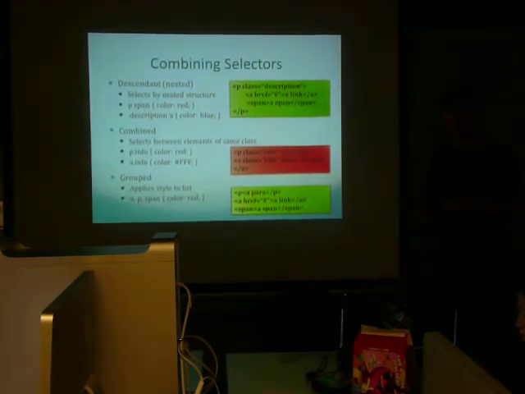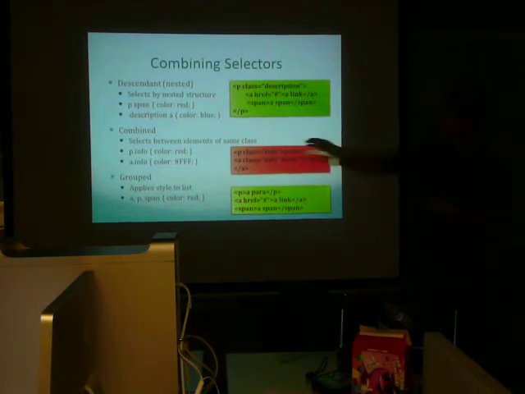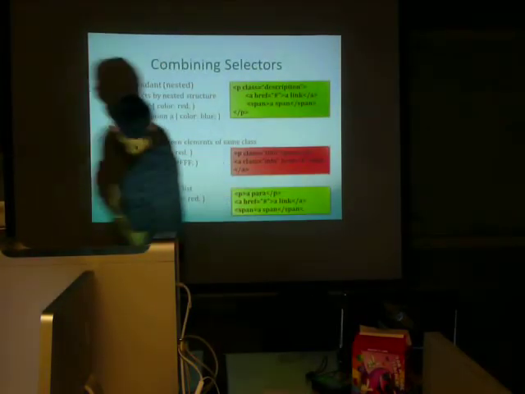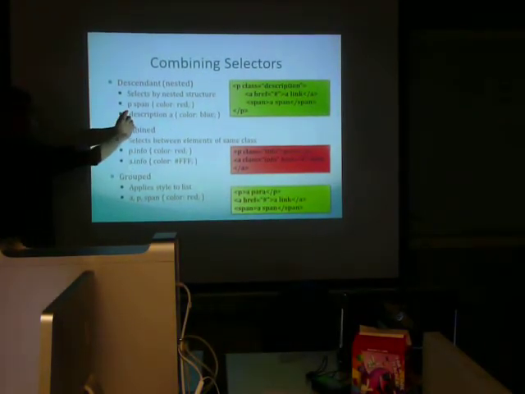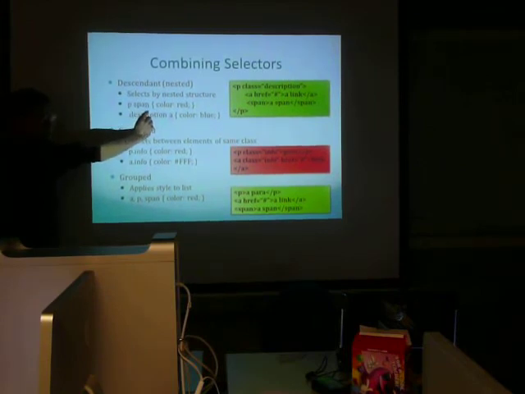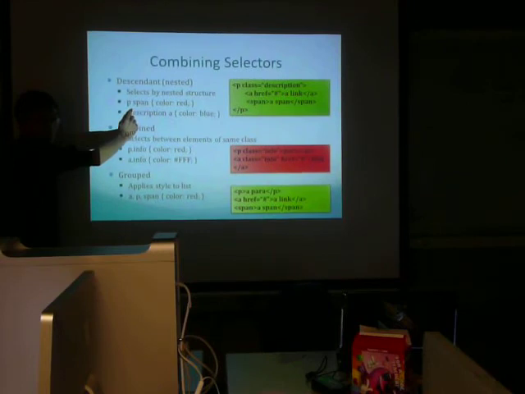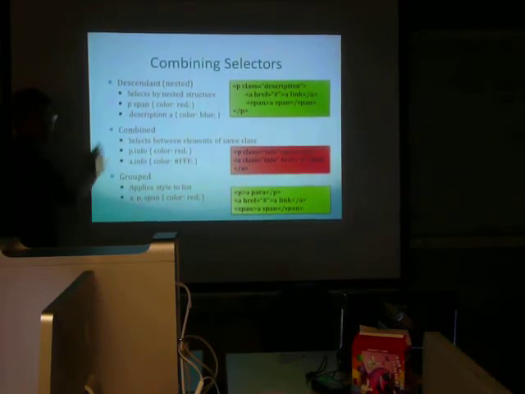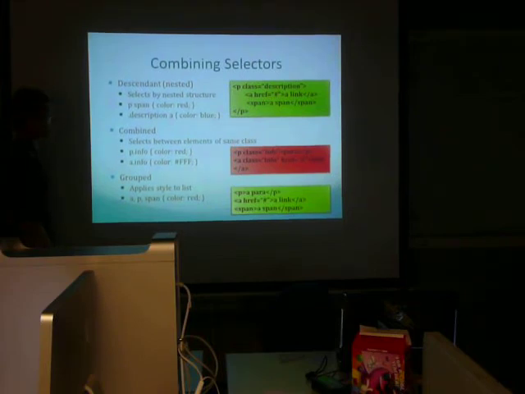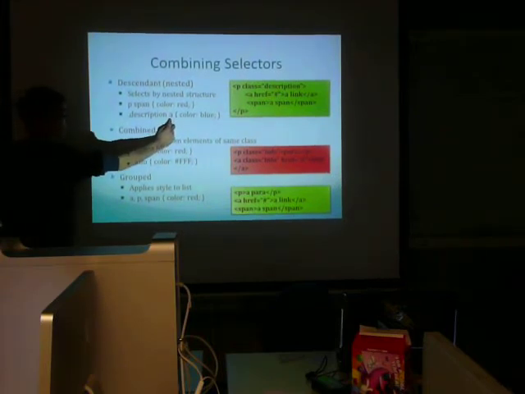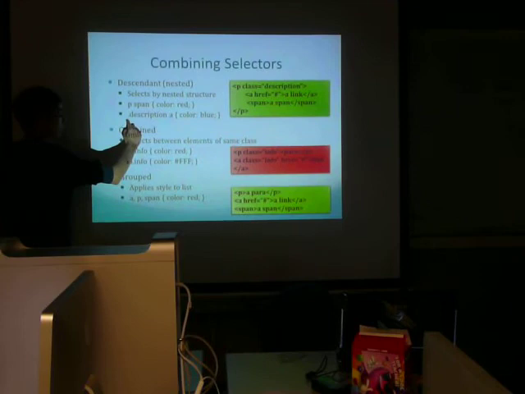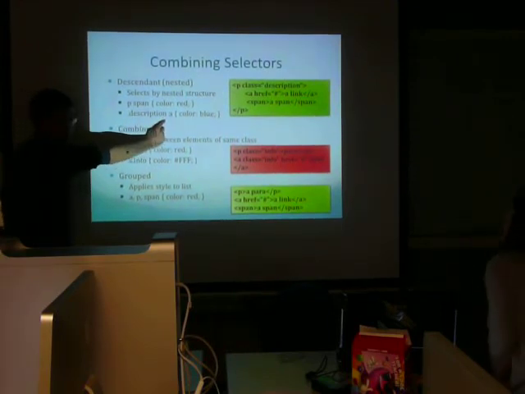Anybody kind of understand that? What this is saying is select all spans that are inside P. And then this is saying select all A that are inside class description.